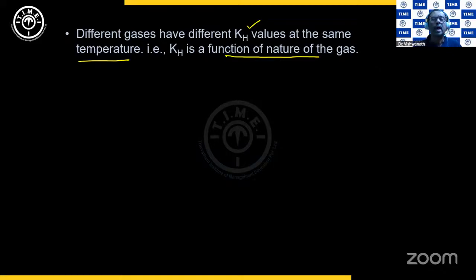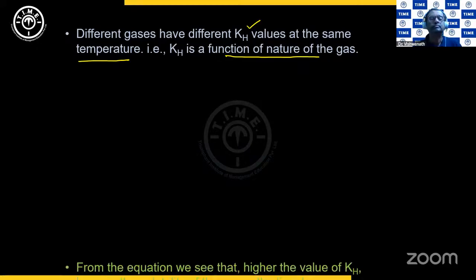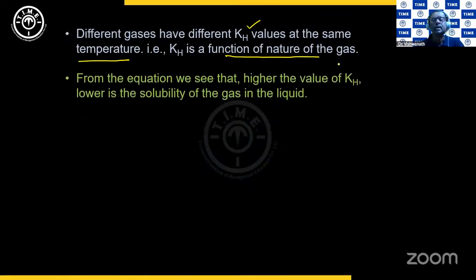That is why at a particular pressure, the solubility of CO2 and the solubility of N2 is not the same, for the same volume of water, let us say, because their KH values are different. So higher the value of KH, we put the reverse actually. We said lower the value of KH, higher the solubility. Now we are saying higher the value of KH, lower the solubility of the gas in the given liquid. I hope this is clear.